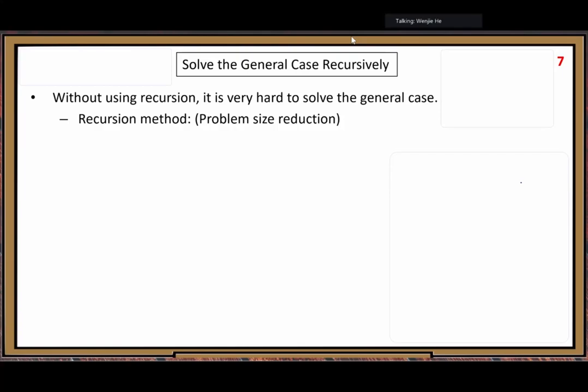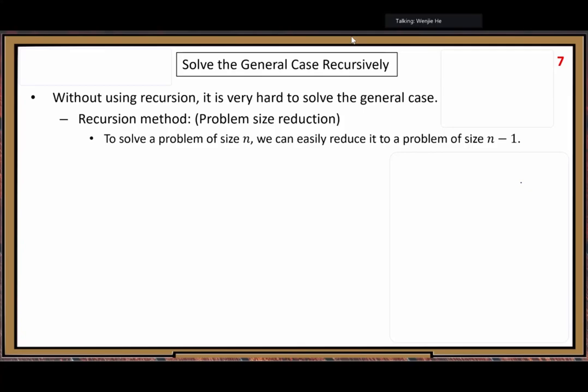The current problem size is relatively large, but we can use the solution of some previous sizes, so that will be easier. Size reduction approach, very useful in this situation.